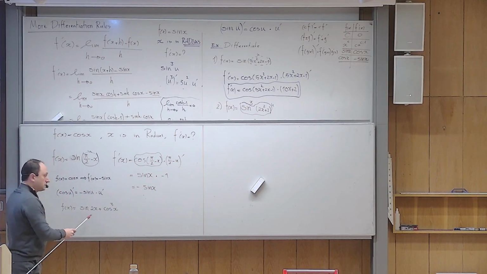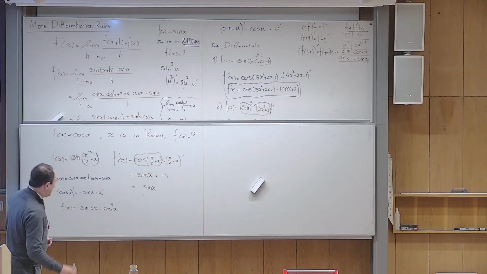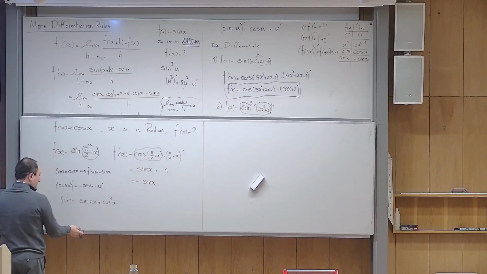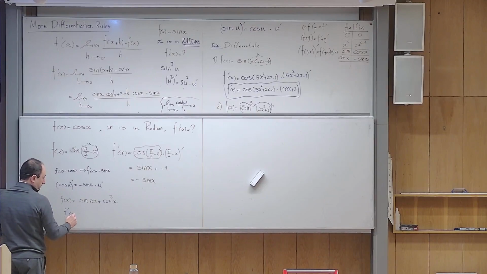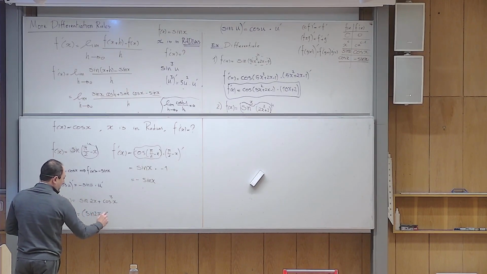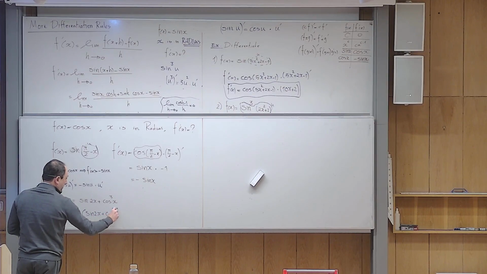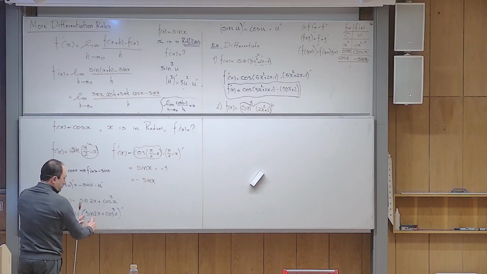This is the sum of two functions. So if I ask you to find the derivative of this function, you don't need to write all these details, but you need to think in this way. I want to take the derivative of this function, and I see that this is the sum of two functions.